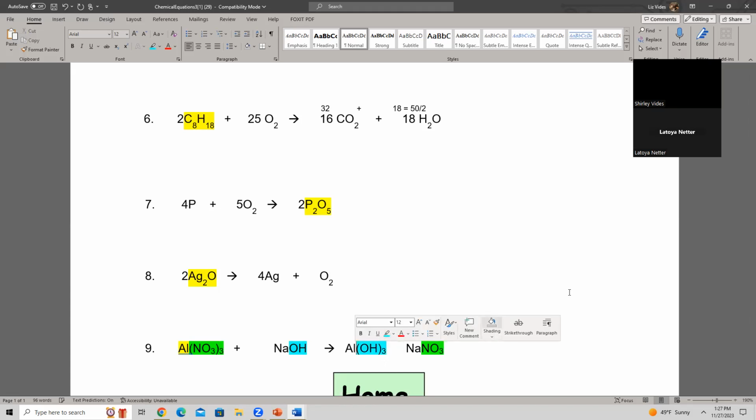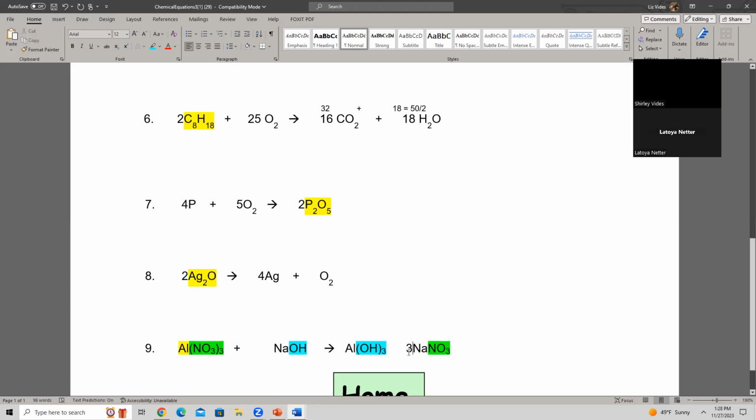Now you can kind of see what to do, right? Because you have 3 NO3s and 3 OHs. So which one do you want to start with? Since the 3 in the green is on the end, you put a 3 in front of it. Yes, we need a 3 there.